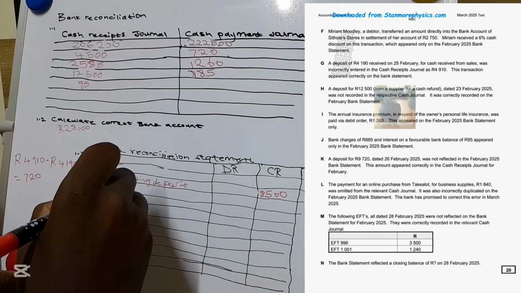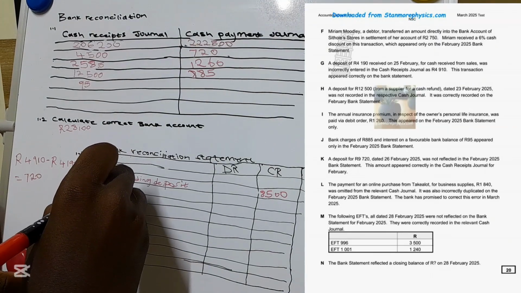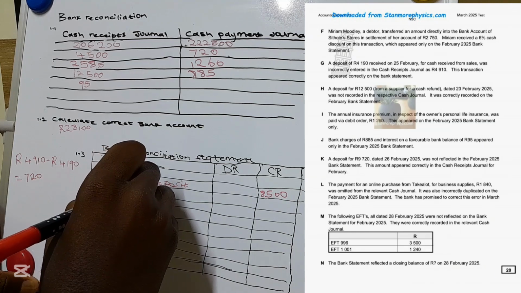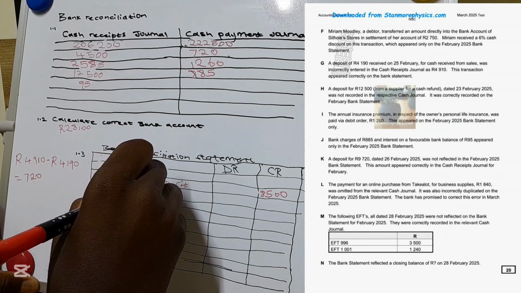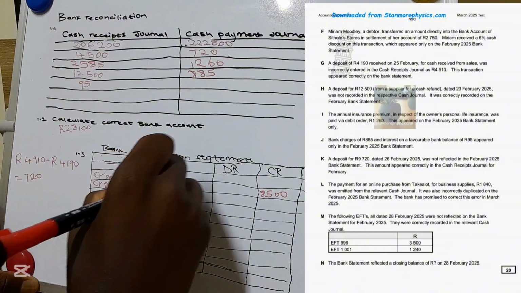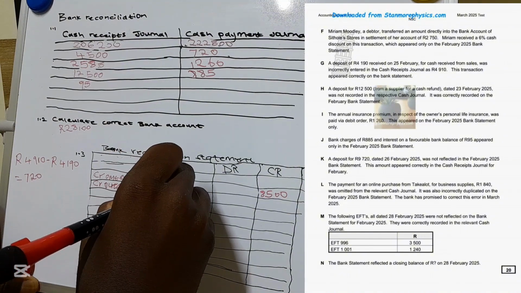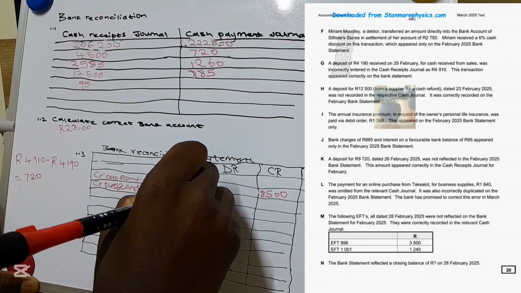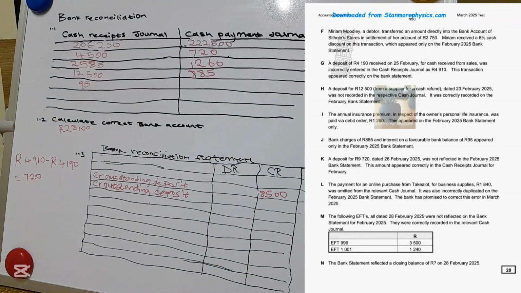So now it's credit outstanding deposit. Do not mind my handwriting, guys, it's hard to write on this small board. I can't write properly, so apologies for that.